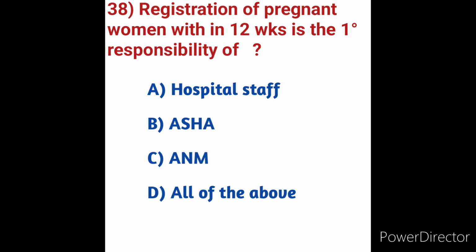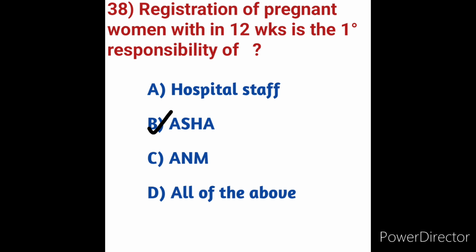So option B, ASHA worker, is the correct answer. Register every pregnancy within 12 weeks and track every pregnancy by name for provision of quality ANC, stillbirth attendance and postnatal services.